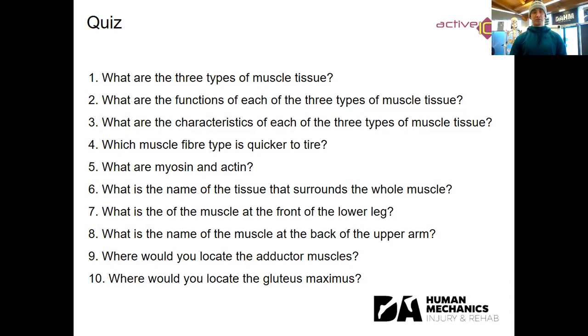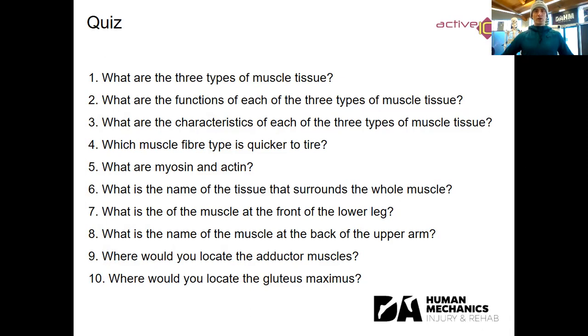Function of cardiac muscle, nice and simple, is to contract, pumping oxygenated blood around the body, deoxygenated blood back to the lungs to collect oxygen, come back to the heart, circulate blood around the body. The function of skeletal muscle, again, acts like a lever system to produce movement.